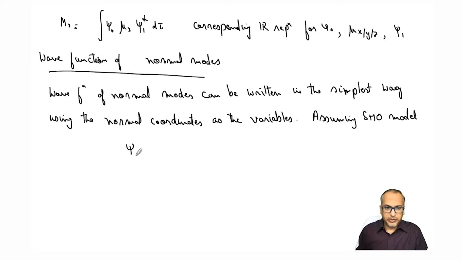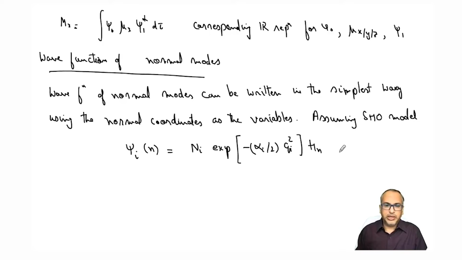So we can write any general wave function psi_i^n as N_i exponential of minus alpha_i by 2 q_i squared H_n.